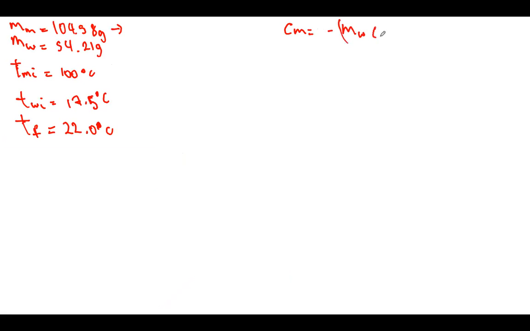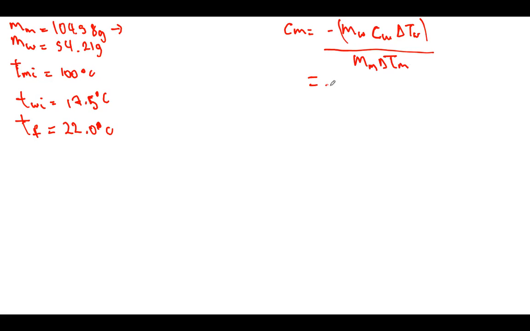Class, what is C? C is the specific heat capacity. Cw is the specific heat capacity of water, Cm is the specific heat capacity of the metal. Then the temperature change in water, and delta Tm. If you're not following, please stop me. Now let's put in our values.